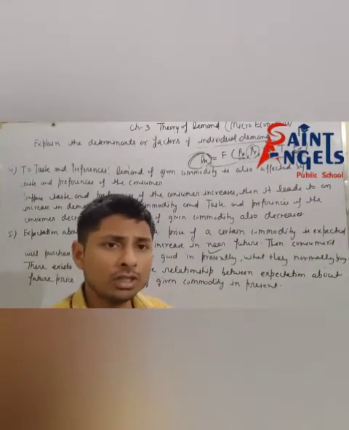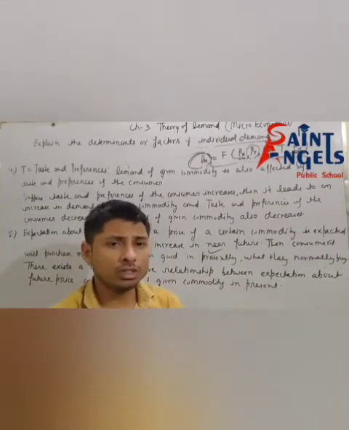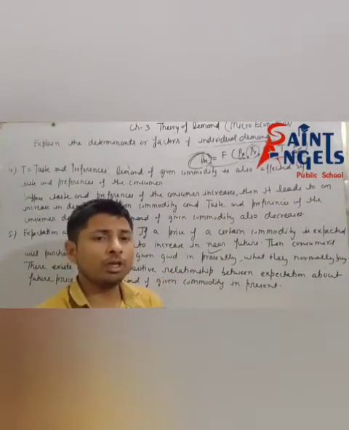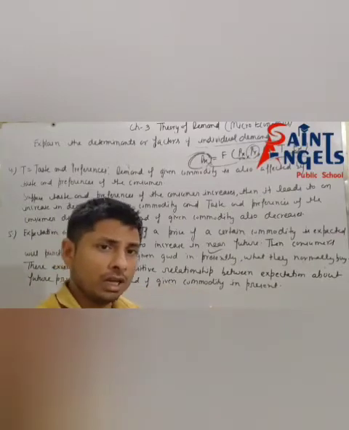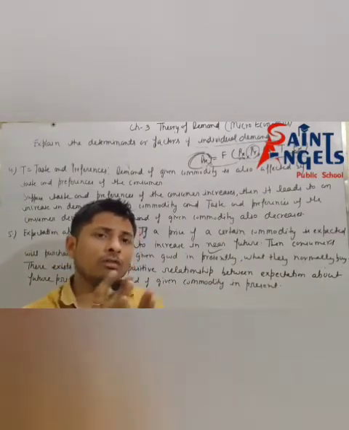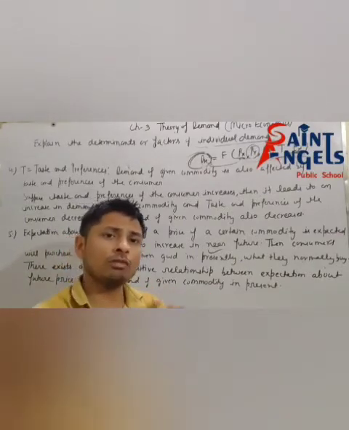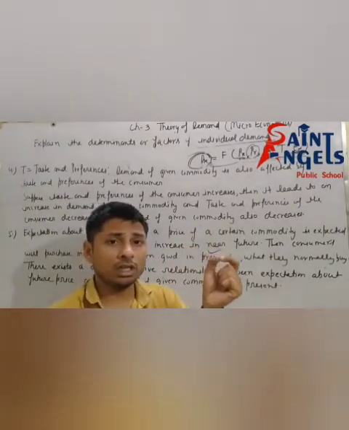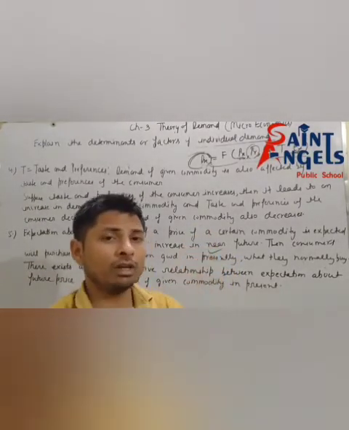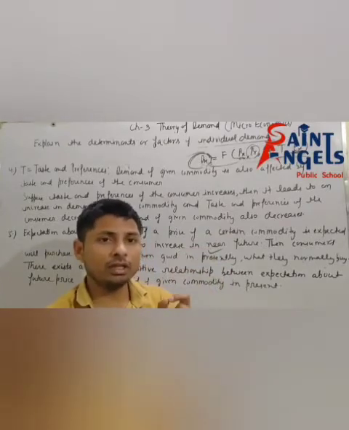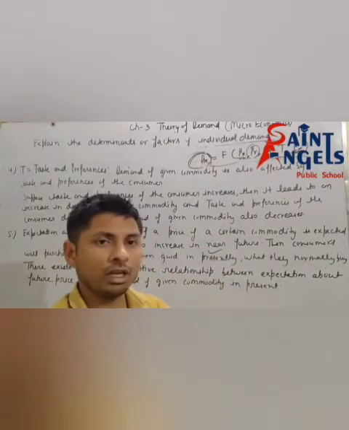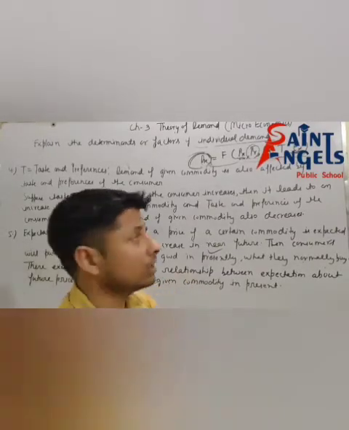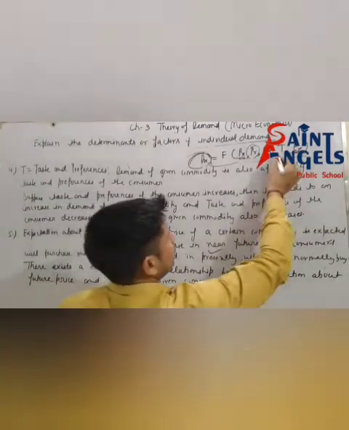If it is a normal good, there will be a positive relation between income and demand of normal good. If there is an inferior good, then there will be a negative relationship between income of the consumer and demand of inferior good. See next, taste and preferences.